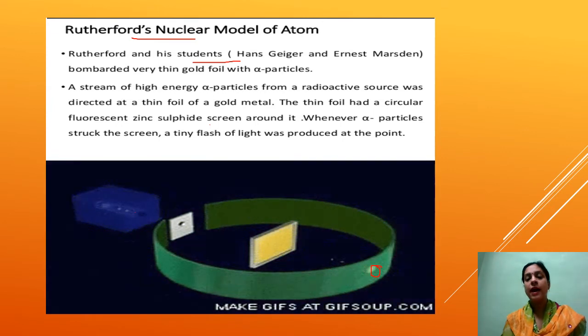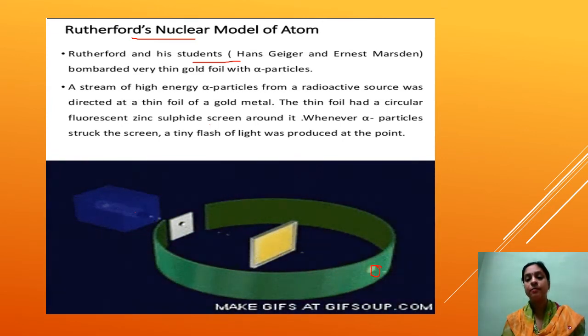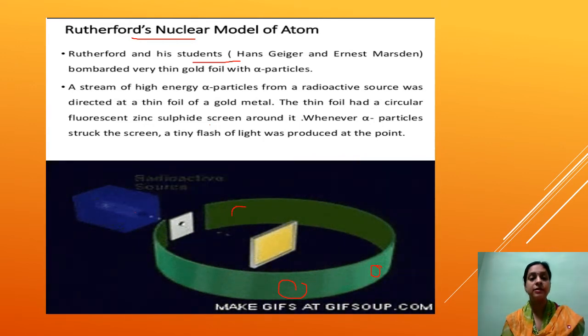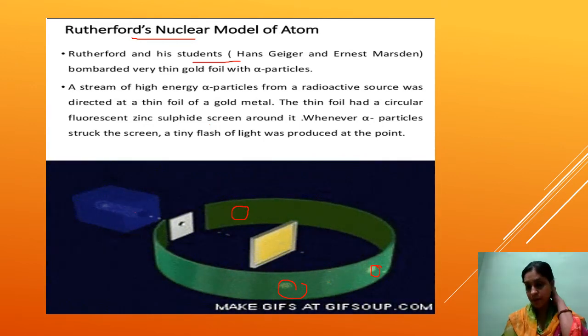The maximum number of the rays pass through this gold foil and hit this portion, but a few of the rays deviate their path and come here. यहाँ भी आ रही हैं कुछ, ये ऑब्जर्व किया गया कि कुछ वापस भी आ गए.